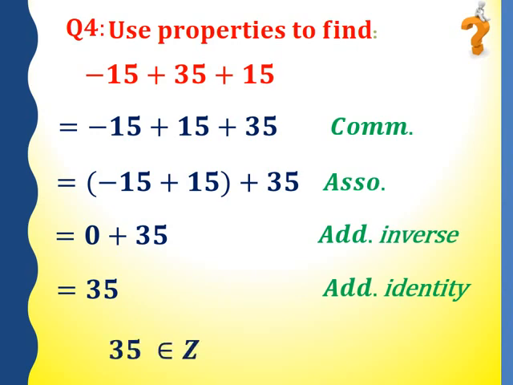At last, 35 is an element from the set of integers, so the result is from the set of integers, which is the closure property.